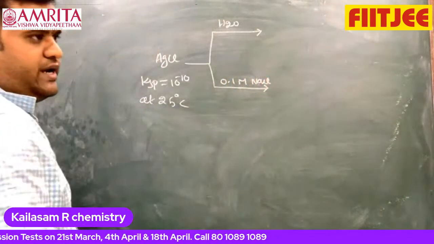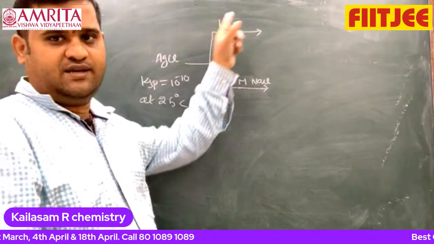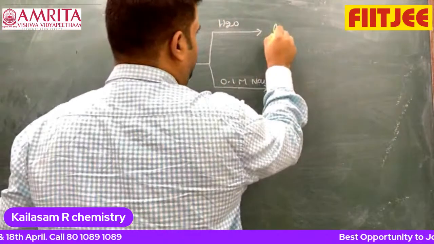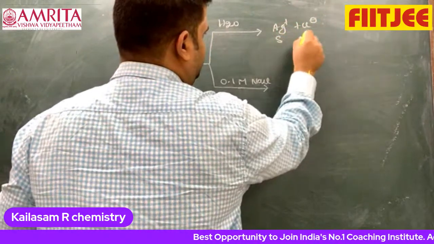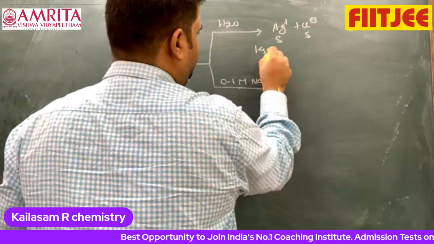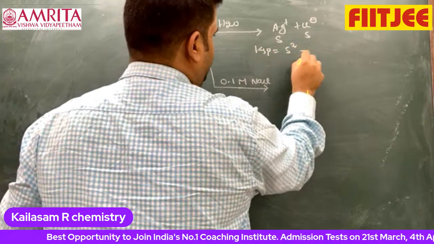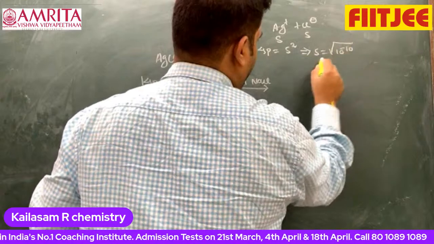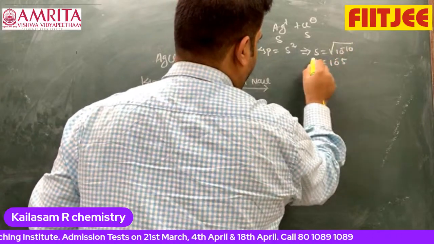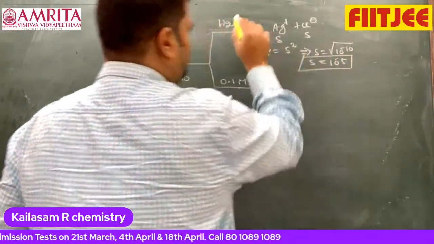First, find the solubility of AgCl in water. How can I write? Definitely Ag+ and Cl- ions. Therefore I can write Ksp is equal to S square. Therefore, S is equal to root of Ksp, which is root of 10^-10. Therefore, 10^-5 is the solubility of AgCl in water.